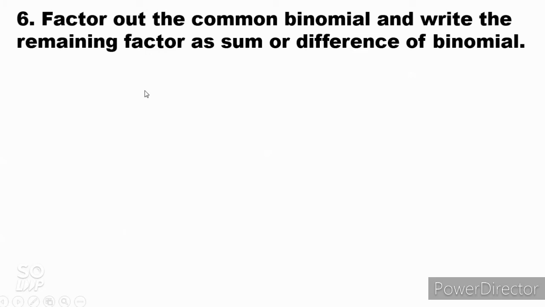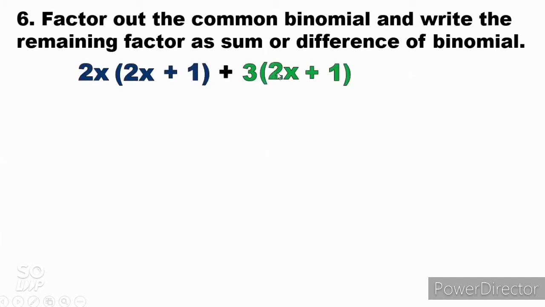Next we have step number 6. Factor out the common binomial and write the remaining factor as sum or difference of binomials. So, we have now 2x times the quantity of 2x plus 1 plus 3 times the quantity of 2x plus 1. Okay, 2x plus 1 and 2x plus 1. Ang gagawin natin dyan is ipa-factor out natin.